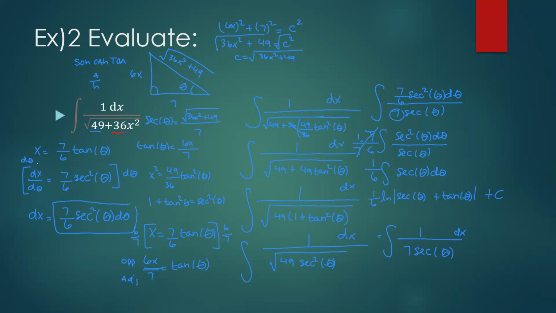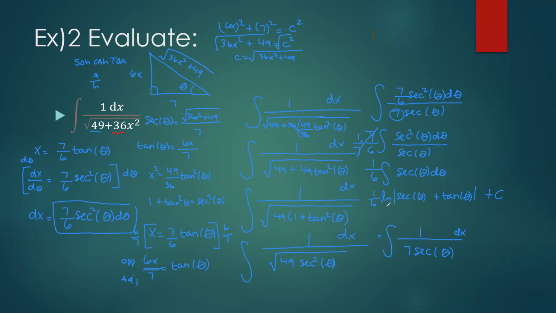Okay, so my final answer, I'll put it in the upper right hand corner. So my final answer is 1/6. I don't know if you can read. How about this? The red.